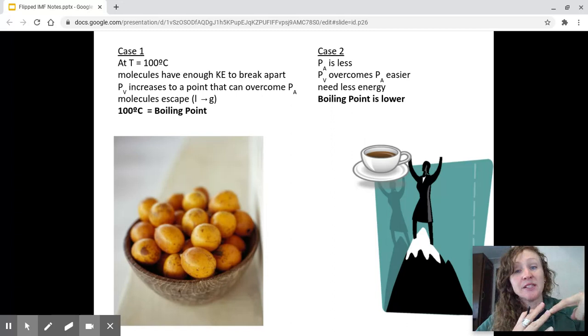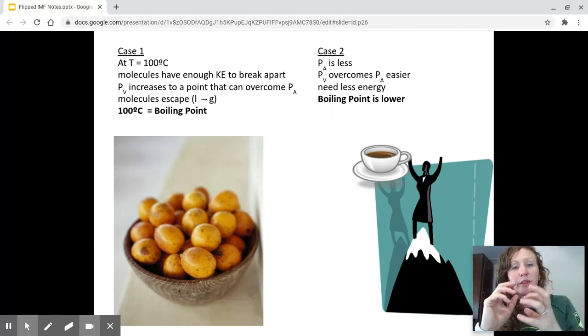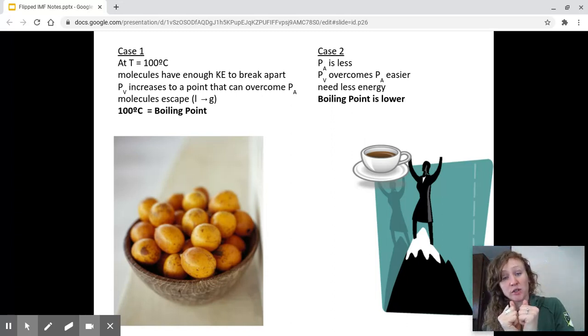Well, we have another factor here, and that is atmospheric pressure. And atmospheric pressure works in conjunction with intermolecular forces. So intermolecular forces tend to hold things together and decrease vapor pressure. Well, so does atmospheric pressure. The more atmospheric pressure you put on something, the closer you're going to push those molecules together, and the stronger those intermolecular forces can be.